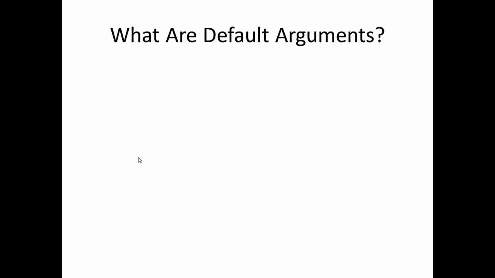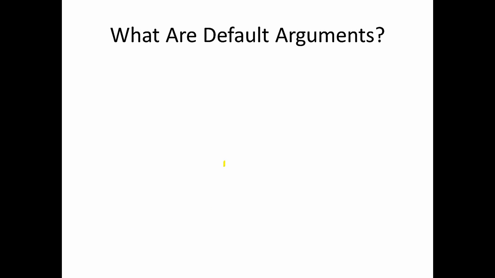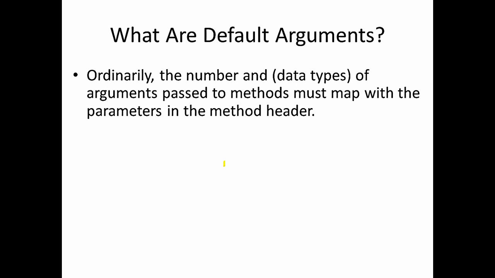Okay, so first thing we want to know is what are the default arguments. Ordinarily the number and data type of arguments passed to methods must map with the parameters in the method header.